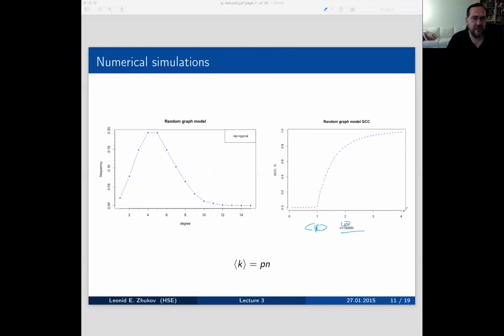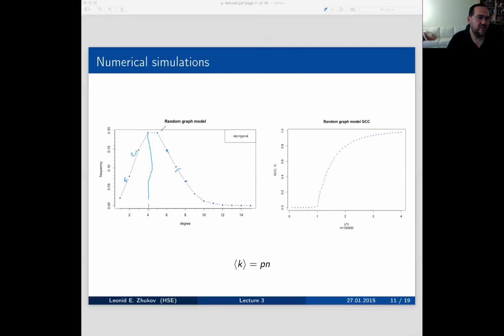And here's an example where the average node degree is equal to 4. Here is the distribution of the node degrees of the graph. You can see the average here is 4, but there are nodes with lower degrees in the graph, and nodes with higher degrees in the graph.